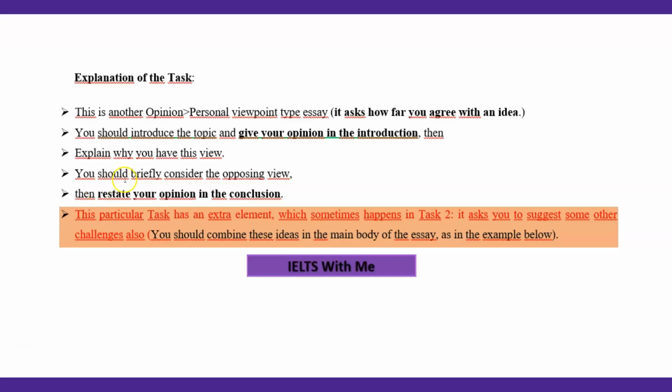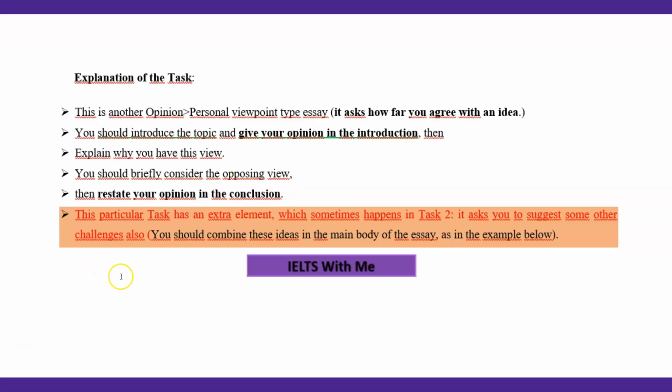Then explain why we have this view. We express our reasons, and then we have to briefly consider the opposite side. This is what we call making a concession, and then restate our opinion in the conclusion.